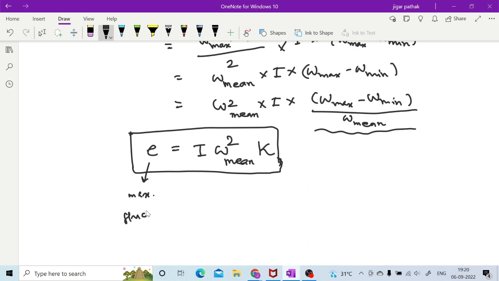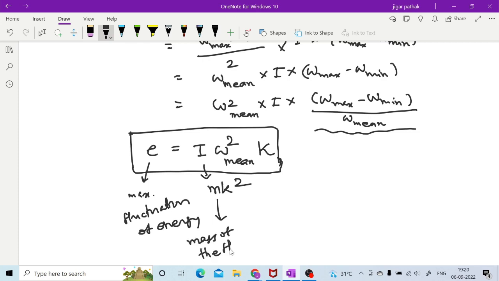Maximum fluctuation of energy. I is the moment of inertia of flywheel. It is generally given with mk square. M is mass of the flywheel. K is radius of gyration of flywheel, right?